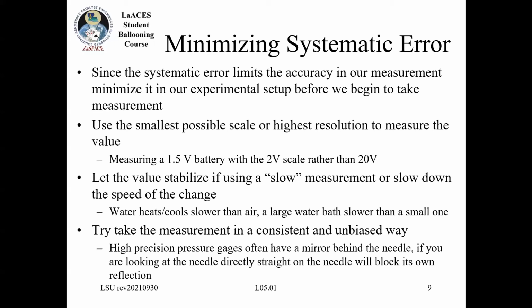If I shift my head to one side, I can make the needle read a little bit higher, or if I shift it the other way, read a little bit lower, just because the scale is a couple of millimeters behind the needle. So what you'll see is for high precision gauges, there will actually be a mirror right behind the scale. And that way you can line up the needle with its reflection as a way to ensure you're looking straight at the gauge.